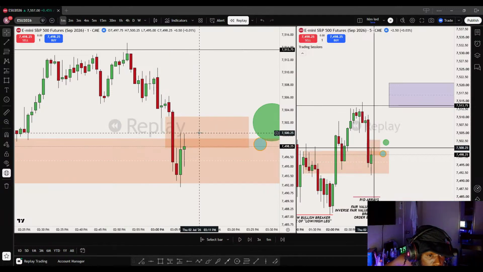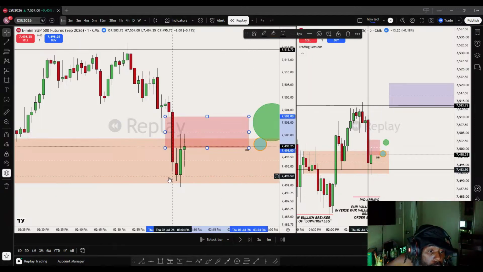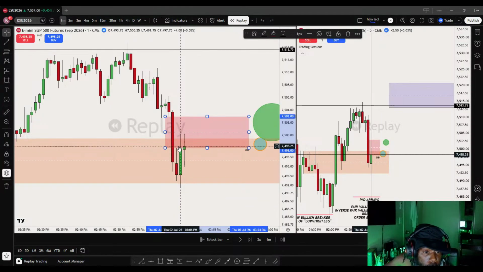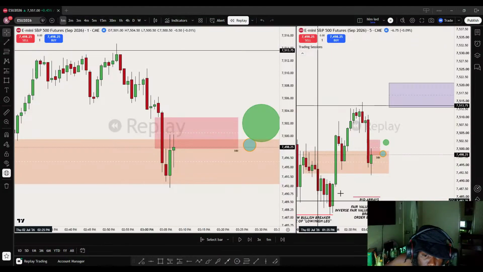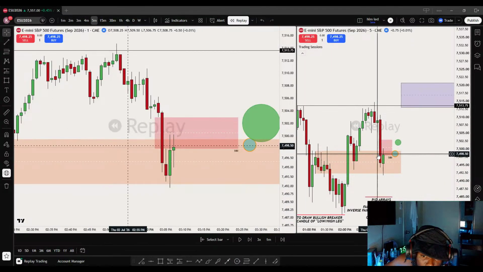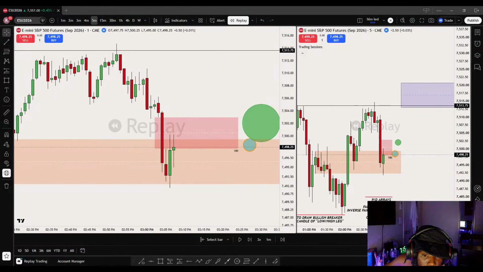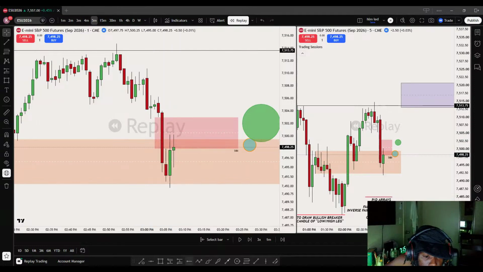And that's why we fuck with this model, because it's so repeatable. It happened over and over and over again. So now we got a SIBI, right? We're expecting this to take us lower. But what are we doing? We're still in this 5-minute breaker, right? That's still supposed to take us higher. So we get a sweep. If we close this, that's probably bullish. Let's see what we get.